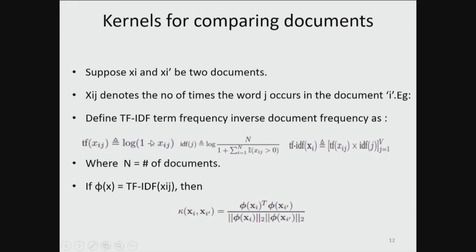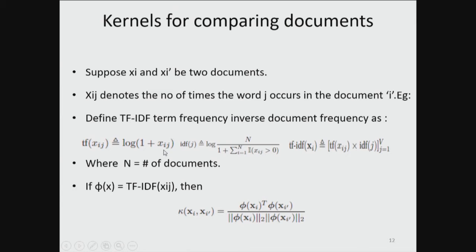That means we have TF, we have a document, we have the corresponding words. xij denotes the number of times the word j occurs in the document i. That value is xij.